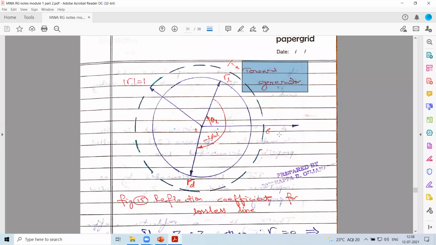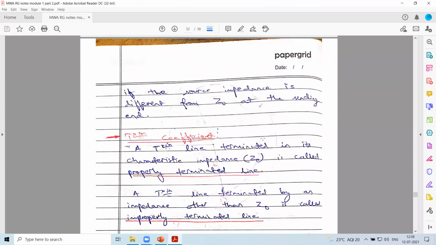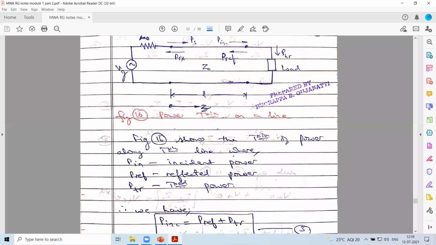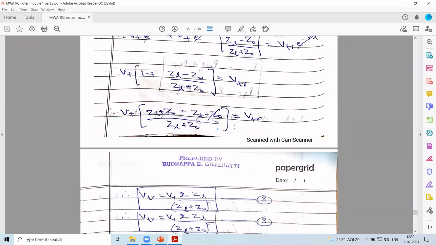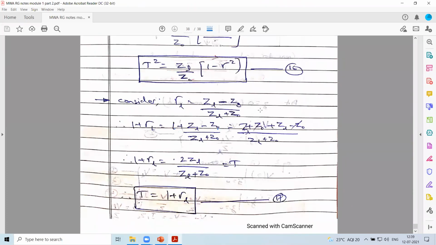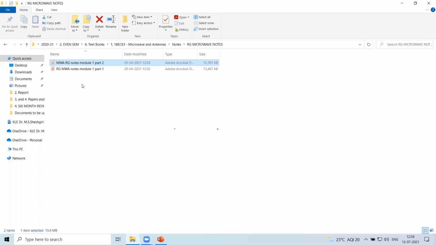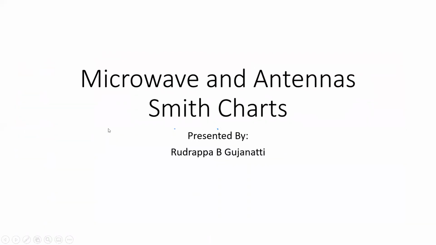So this side is the generator and this side is the load end for the Smith chart. That we'll be discussing when we solve the problems associated with the Smith chart. I'm just showing a few of the representations over here. A few other things are there, which I'll discuss in the coming sessions. Now we'll have a look at the Smith charts.